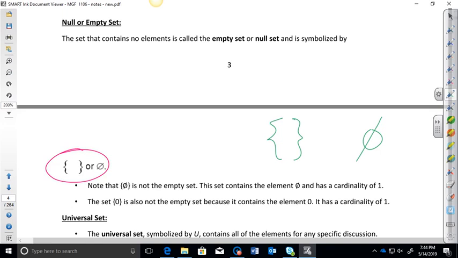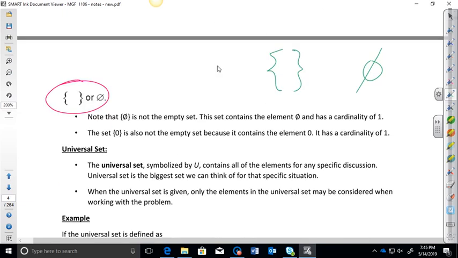What is the cardinal number of an empty set? Cardinal number is the number of elements in it. What's the cardinal number of an empty set? 0, because there's nothing in there. But if you write a set with the empty set in it, then that's an element.